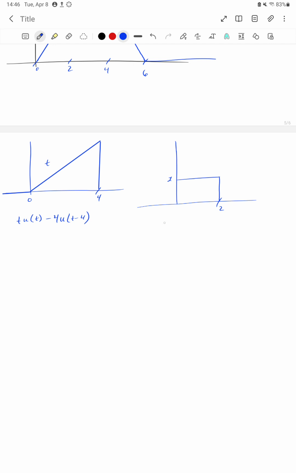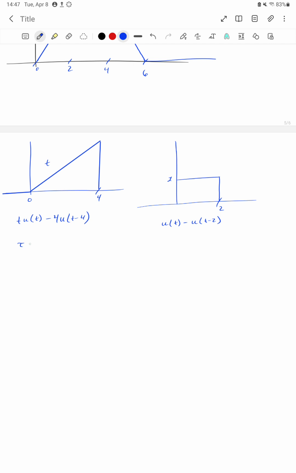Now this function is going to be something we've already seen before. It's u of t minus u of t minus 2. Easy enough. Okay, so now let's work out this math. I do not want to deal with that having a t minus tau, so I'm going to opt to make this the t minus tau function and call it a day rather than doing some crazy stuff.